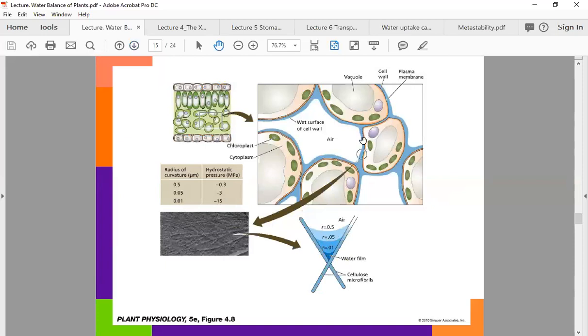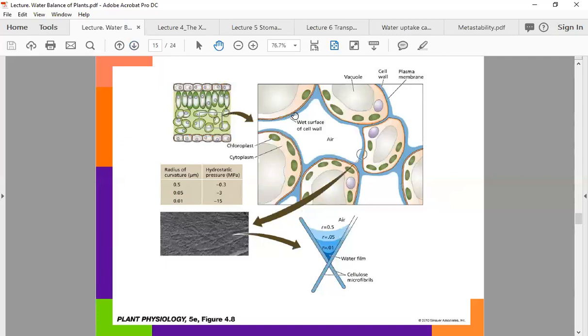So here we are inside the actual leaf. We've got our cells. These are most likely spongy mesophyll cells because there's lots of air spaces in between them. And here's the very thin film of water that forms outside the actual cells, on the wet surface of the cell walls. This is where the actual transpiration process begins.